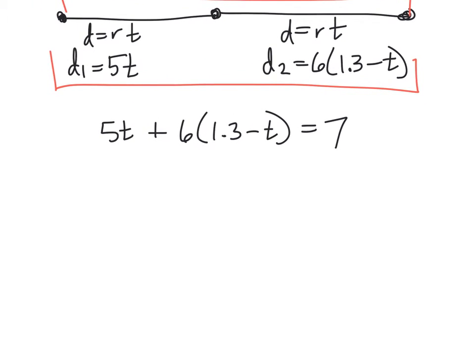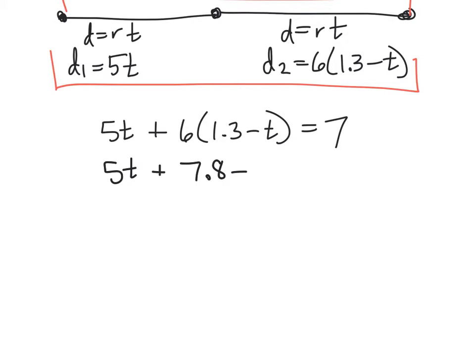And now we are going to solve. Using our distributive property, you get 5t plus 7.8 minus 6t equals 7.